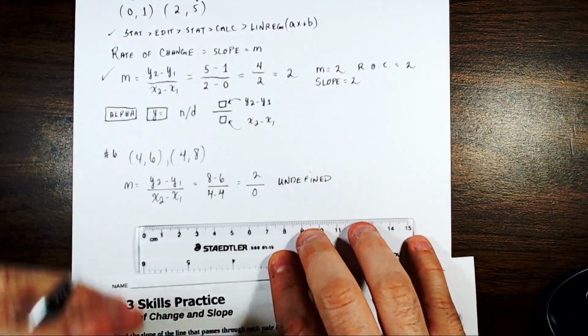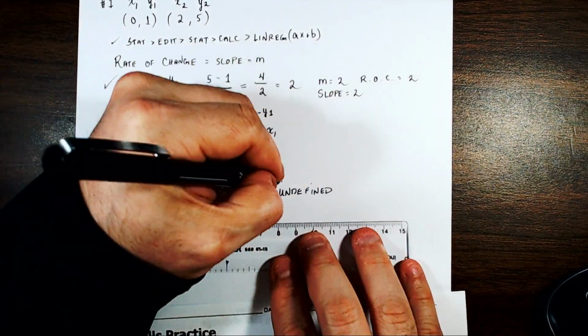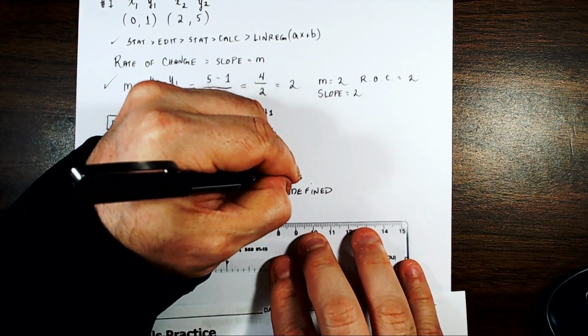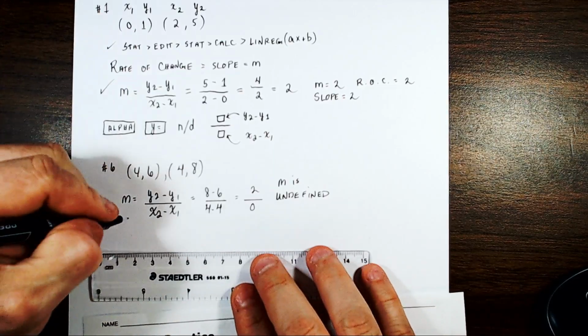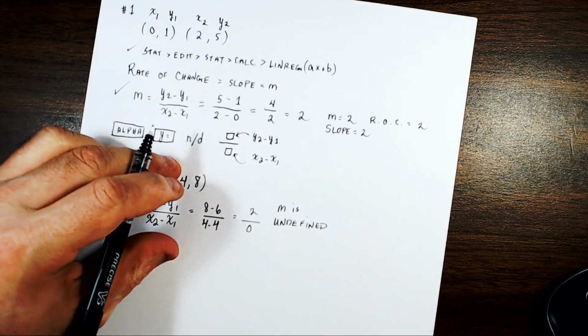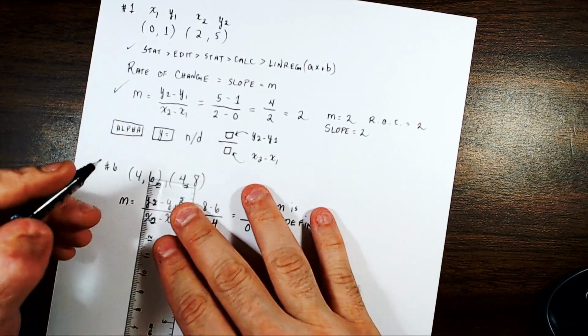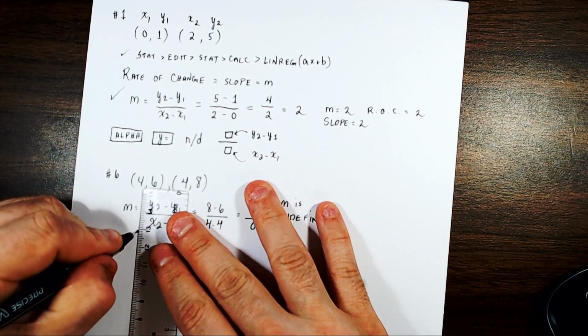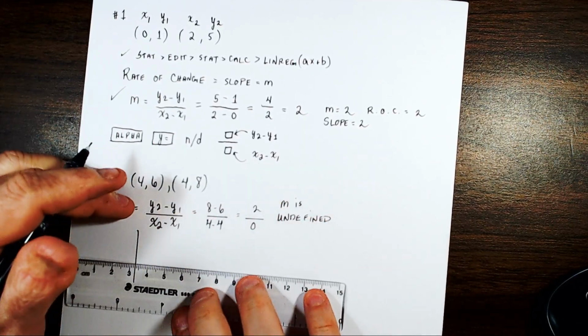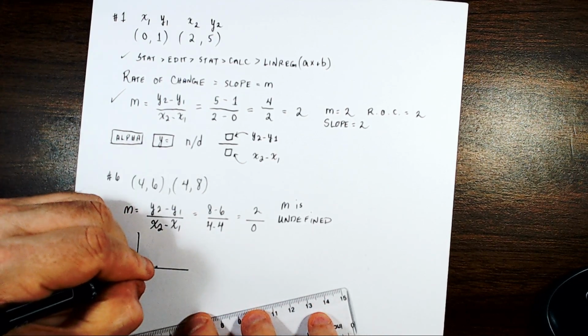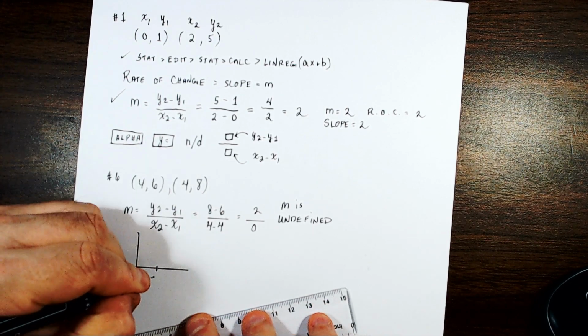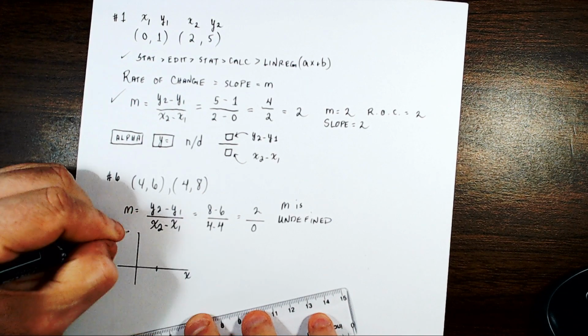All right, now why is M undefined? Well, look at it. If I just graph this, I'm looking for x coordinates and y coordinates. So let's call this the x-axis, this the y-axis.